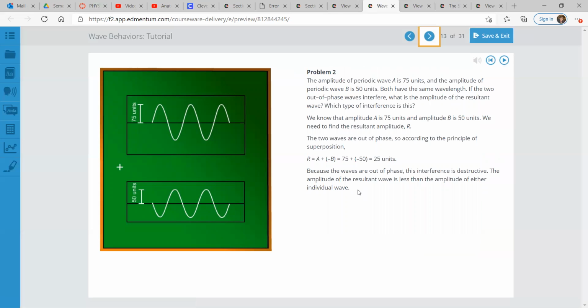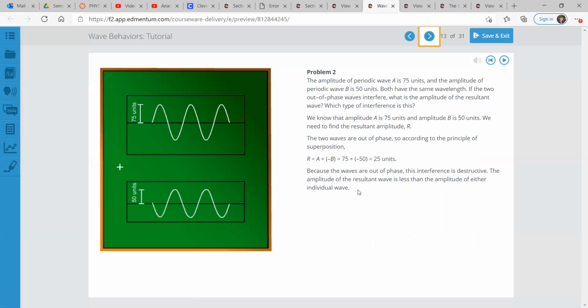Problem 2. We have wave A with an amplitude of 75 units and periodic wave B with an amplitude of 50 units. Both have the same wavelength. If the two out-of-phase waves interfere, what is the amplitude of the resultant wave? Which type of interference is there? We know that amplitude A is 75 units, amplitude B is 50 units.